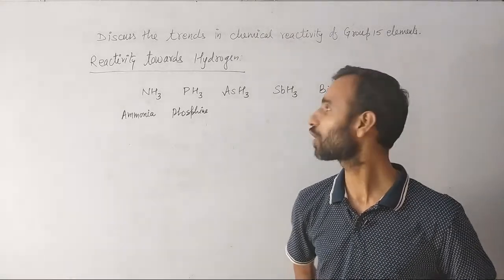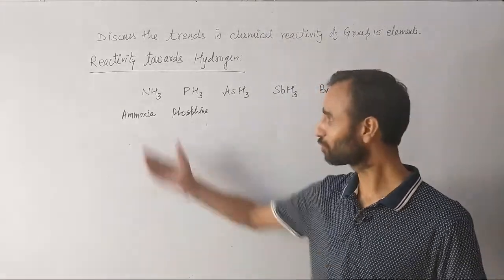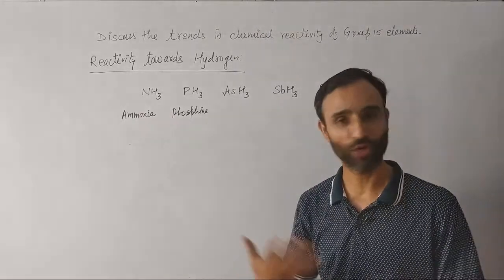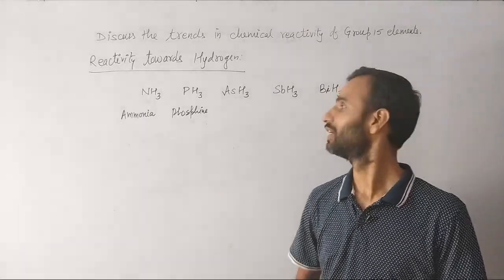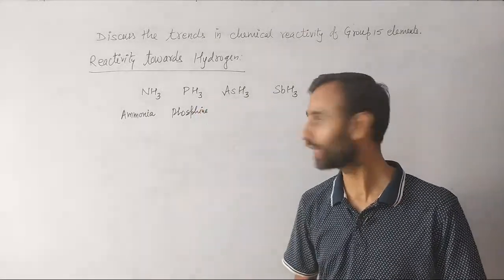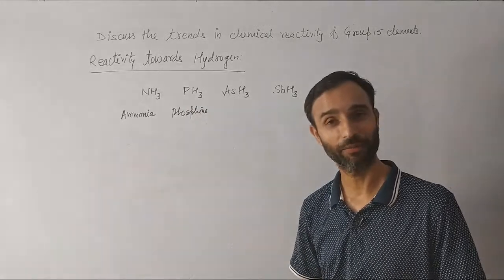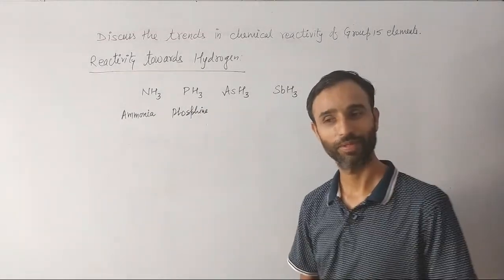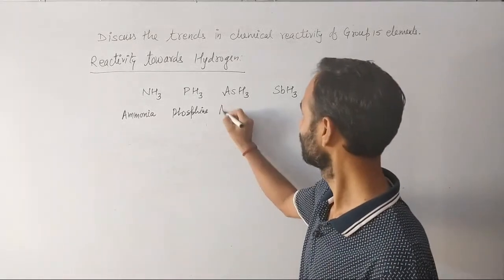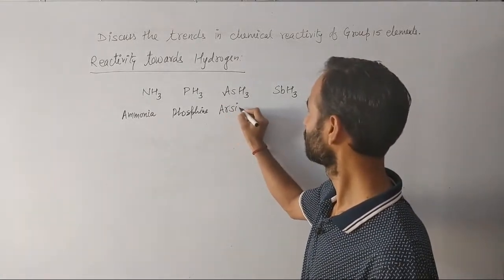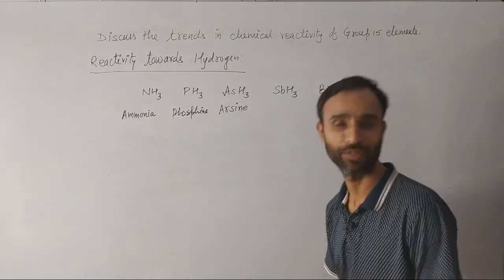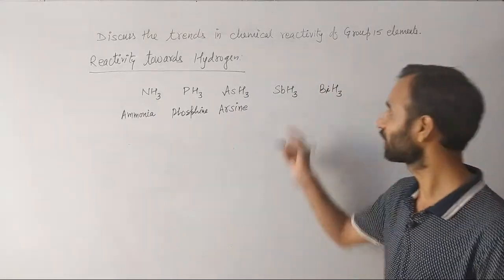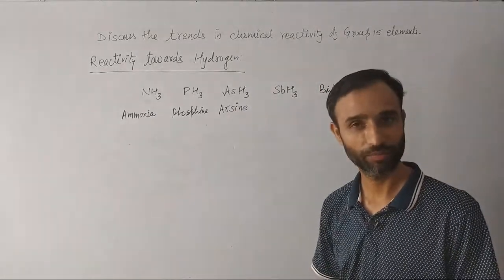These are hydrides of group 15. They are most common. NH3 is ammonia, everybody knows. PH3 is phosphine. What about AsH3? It is arsine. And what is SbH3?